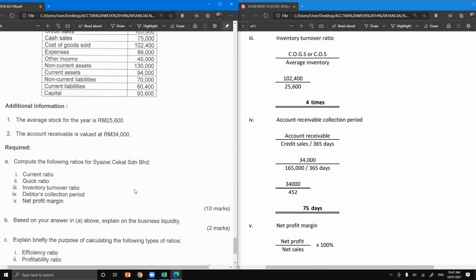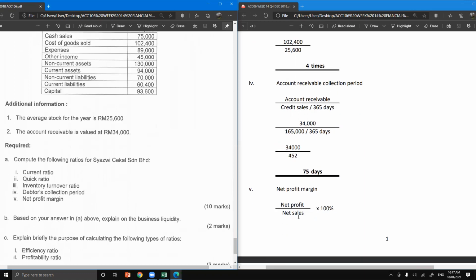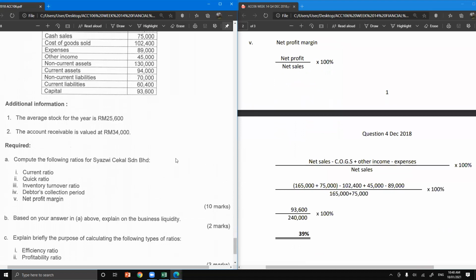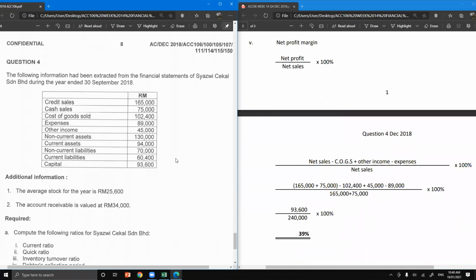And then for number 5, net profit margin, the formula is net profit divided by net sale and then times the amount by 100%. Since the amount for net profit is not given, you need to calculate it. To calculate the net profit, we can use this formula: net sale minus cost of goods sold plus other income minus expenses.